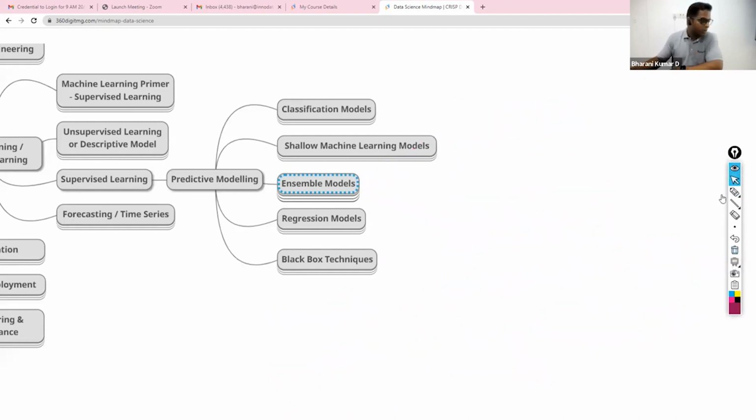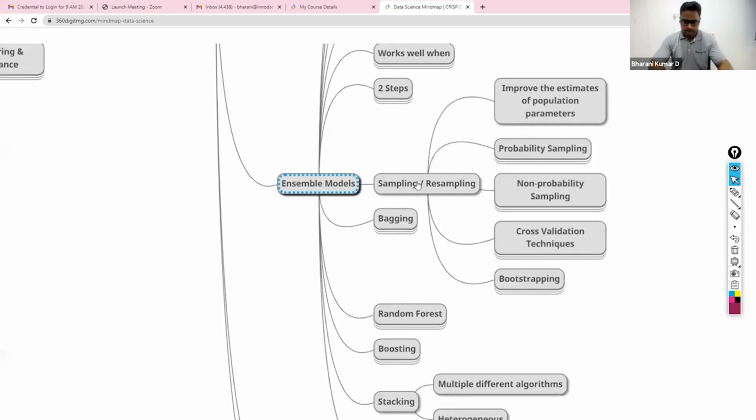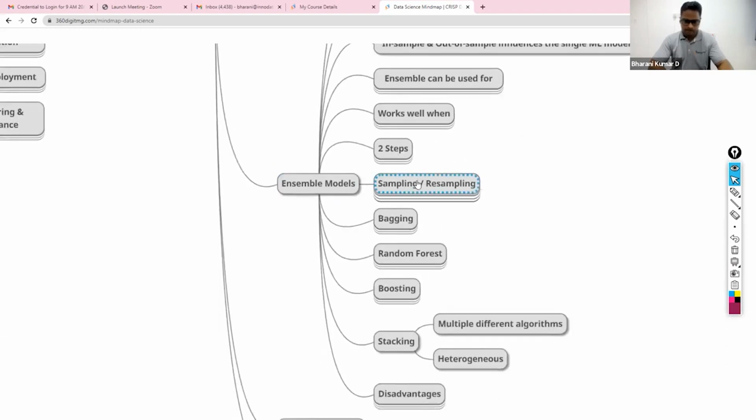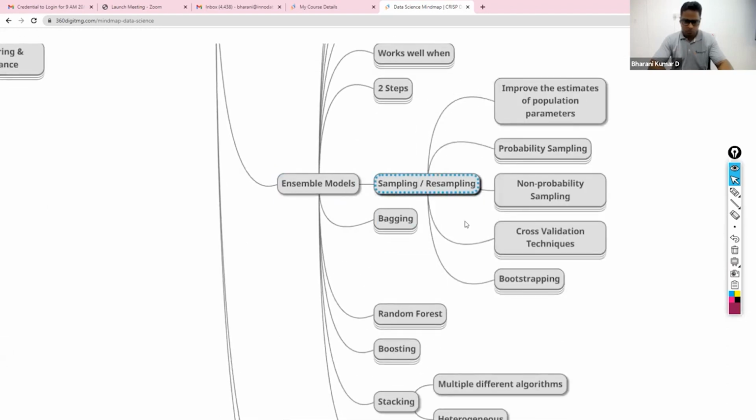Now let's get into bagging and understand more about bagging. Even before that, let's talk about sampling or resampling. Let me see if I've made a note of this.